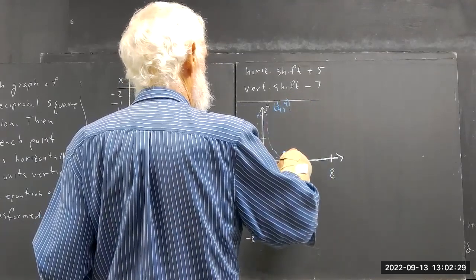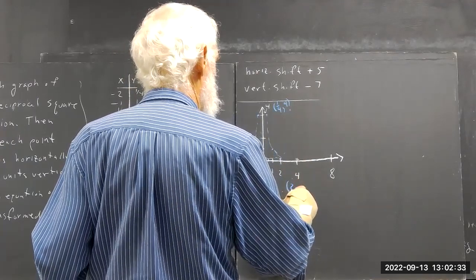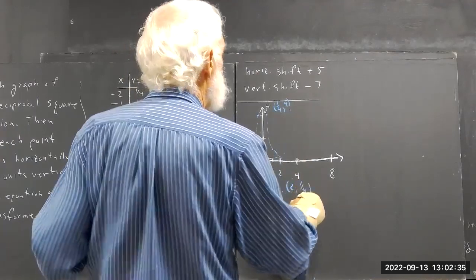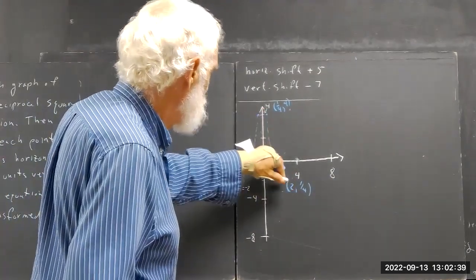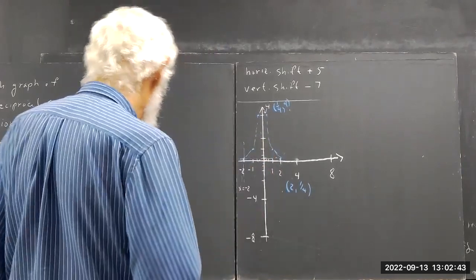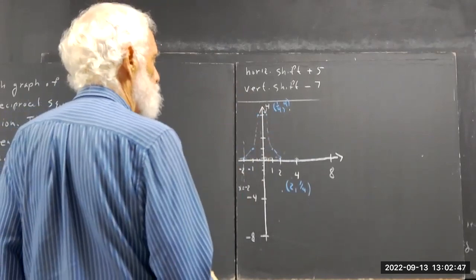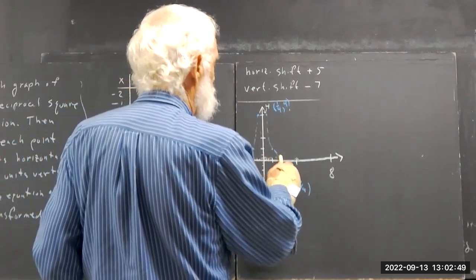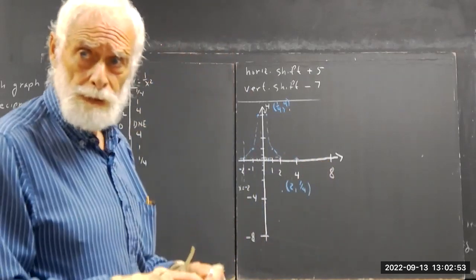And I'll label this one. And I'll look at what happens to this point and this point, and that should be obvious what happens to this point. So I move each of these points 5 units to the right. Well, okay, this point, x equals 2, it's going to move over to where x equals 7.